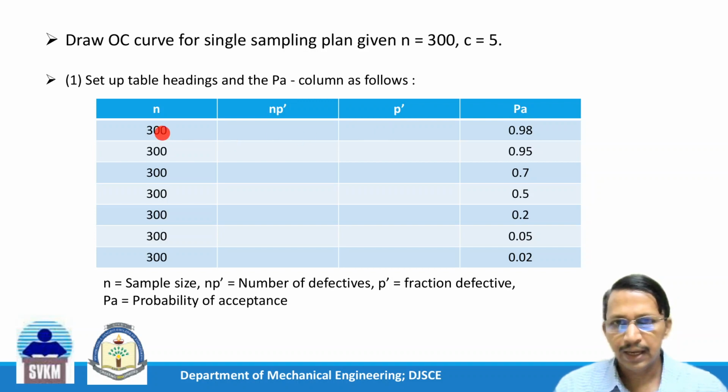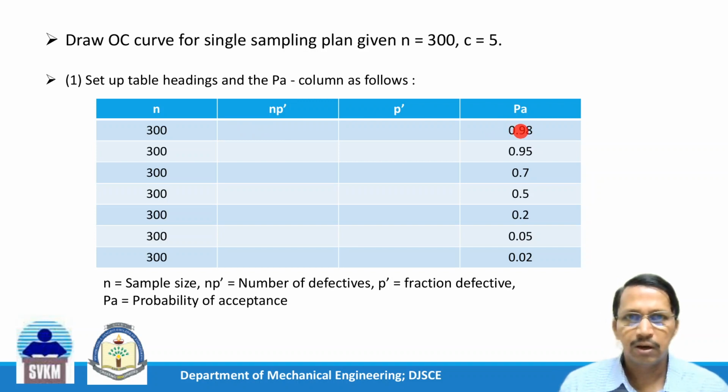In this case, you can see that N is given, so put in all the rows N value as 300, that is not going to change, sample size. Then in probability of acceptance, we want around 8, 10 points here. So we can divide from 0 to 1 into different points, say 0.98, 0.95, 0.7, 0.5, 0.2, 0.05, 0.02.